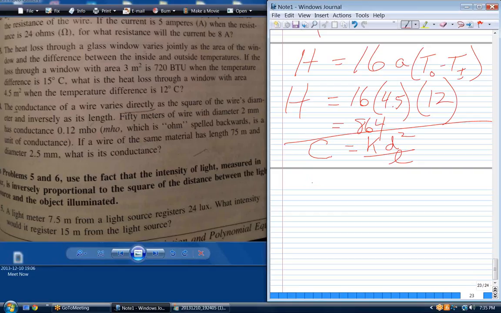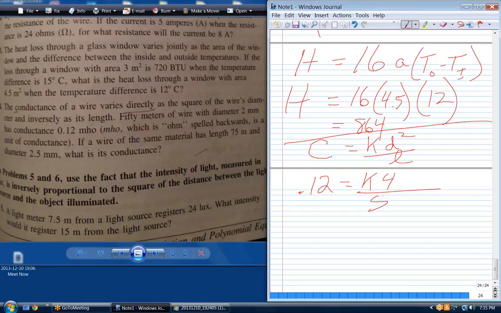Alright, so 50 meters of wire with diameter 2 millimeters. So it'd be 0.12 equals K times 4, divided by what? What's the length?